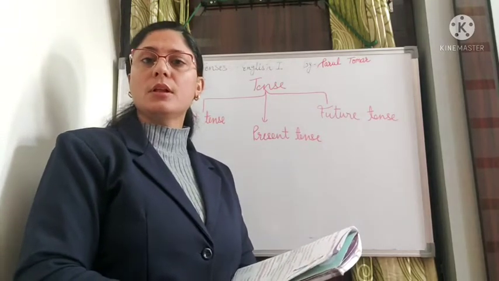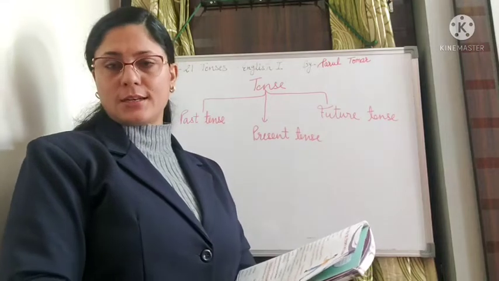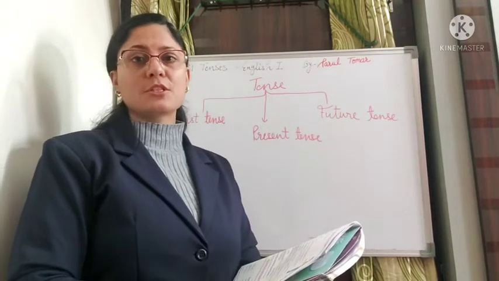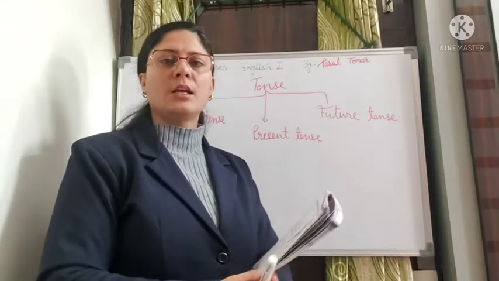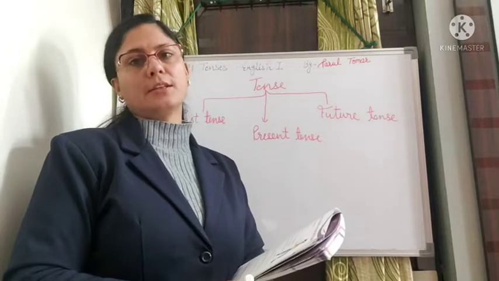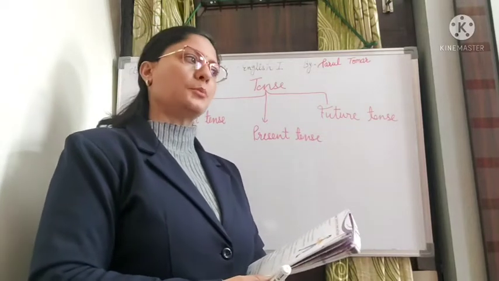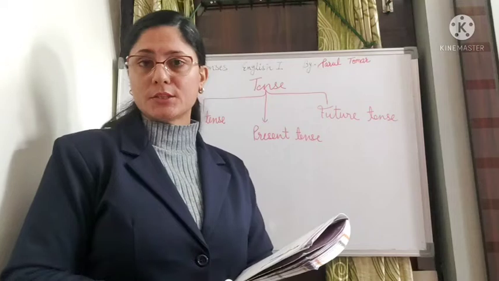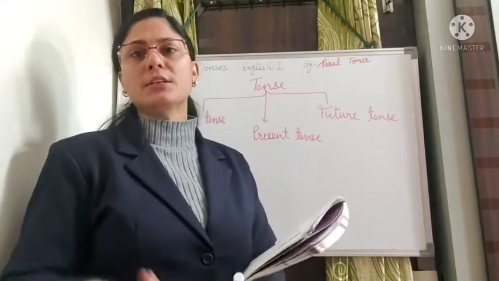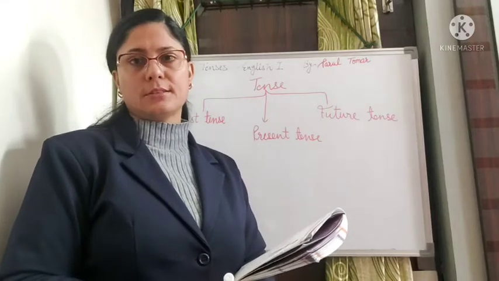For example, you will come in second standard next year. You all are planning that after doing first you will go into second. For example, I will go to market tomorrow. So I am planning to do that. I have not done it yet.